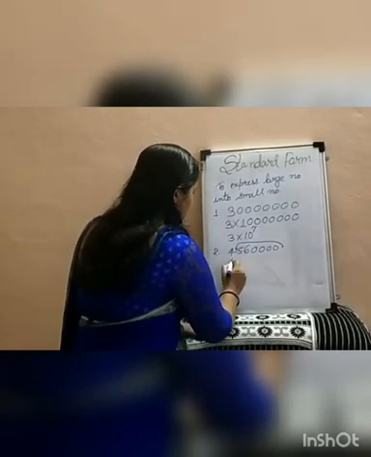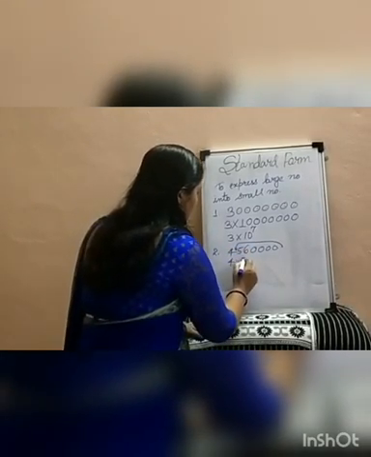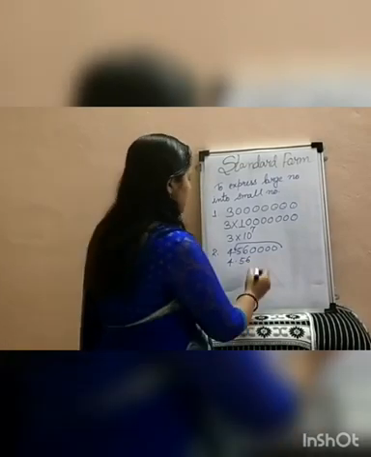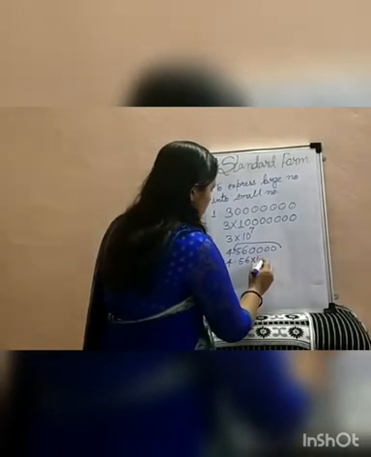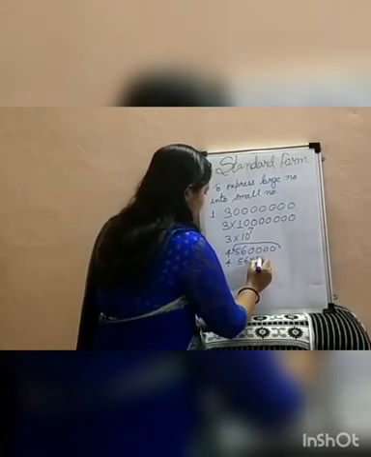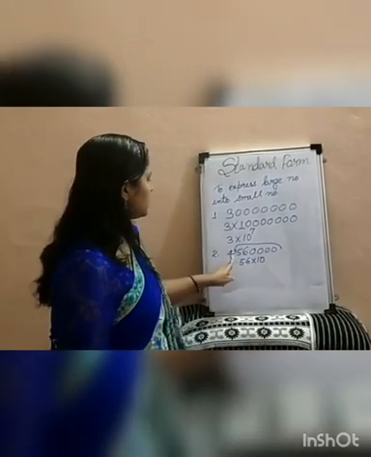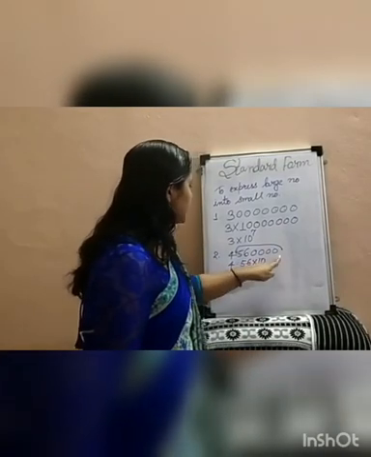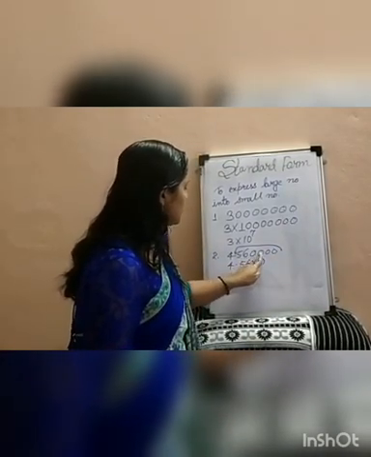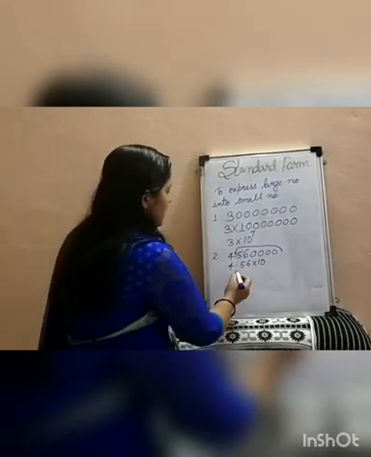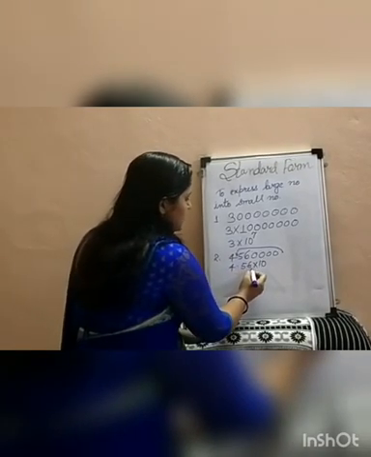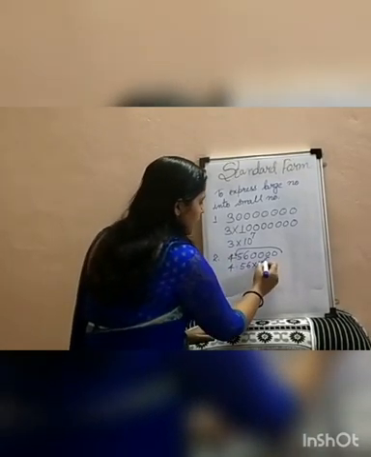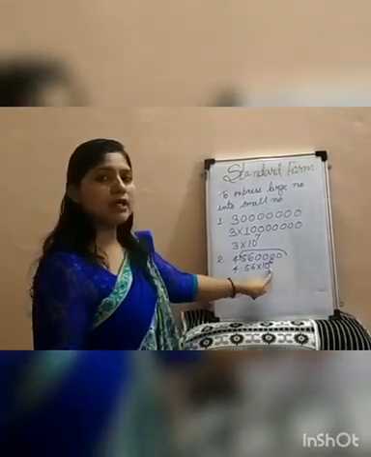So we can write it 4 decimal 5 6 into 10 to the power. After the decimal, just count how many digits are here: 1 2 3 4 5 6 digits. So we can write 4.56 into 10 raised to the power 6. That will be the answer.